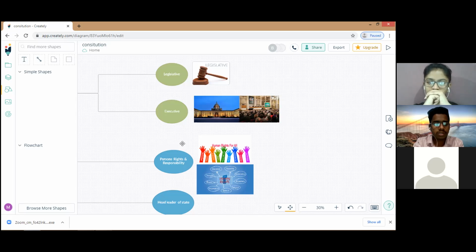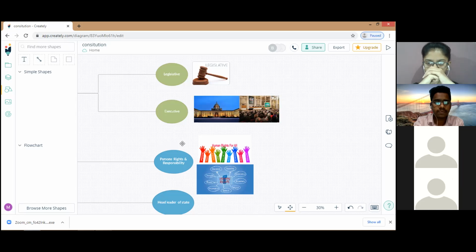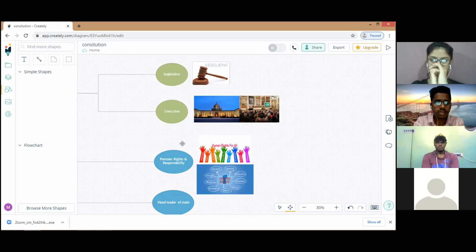The executive power is exercised by the government of the Russian Federation, and the prime minister is appointed by the president with the consent of the State Duma. The government consists of the chairman of the government of the Russian Federation, deputy chairman, and federal ministers.